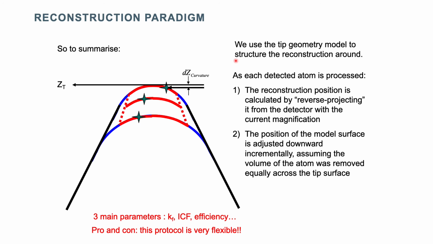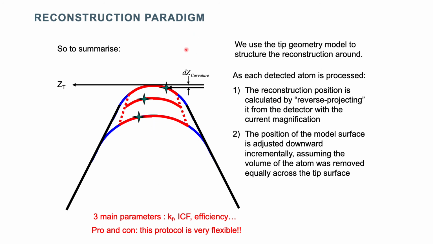So just to summarize, we model the specimen geometry as a spherical cap on a truncated cone. The spherical cap has a certain radius. The radius we can determine from the voltage or the shank angle, assuming a certain geometry, either through a shank angle reconstruction or by imposing an evolution of the radius through the tip profile, for example.